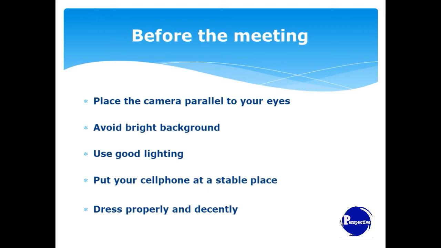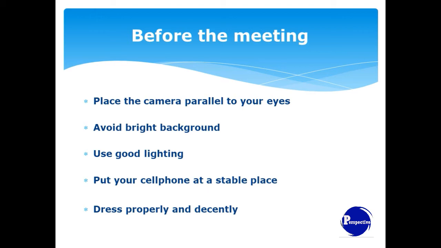The next thing you have to do is to put your cell phone at a very stable place. Now, some of my students in some of my earlier classes have made this mistake. What they did was to hold the cell phone. If you hold the cell phone, it creates a kind of shaking. So the people on the other end of the Zoom meeting see that your video is constantly moving here and there.